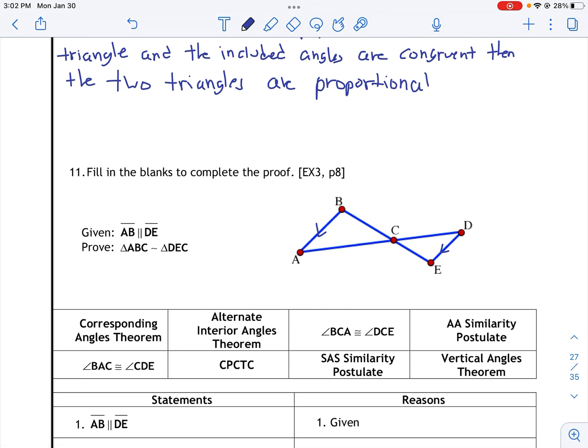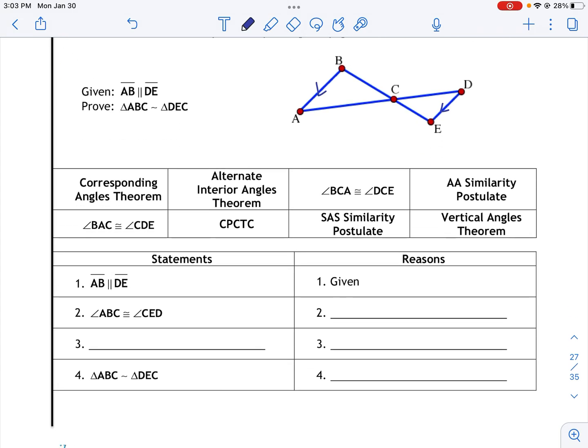And if you remember anything about parallel, you should start to think about the corresponding angles, the alternate interior angles, the vertical angles, the same side interior, all those things from, I think it was topic 2 when we did it all the way back in first semester. So we want to prove that triangle ABC is congruent to triangle DEC. Prove that those are congruent.